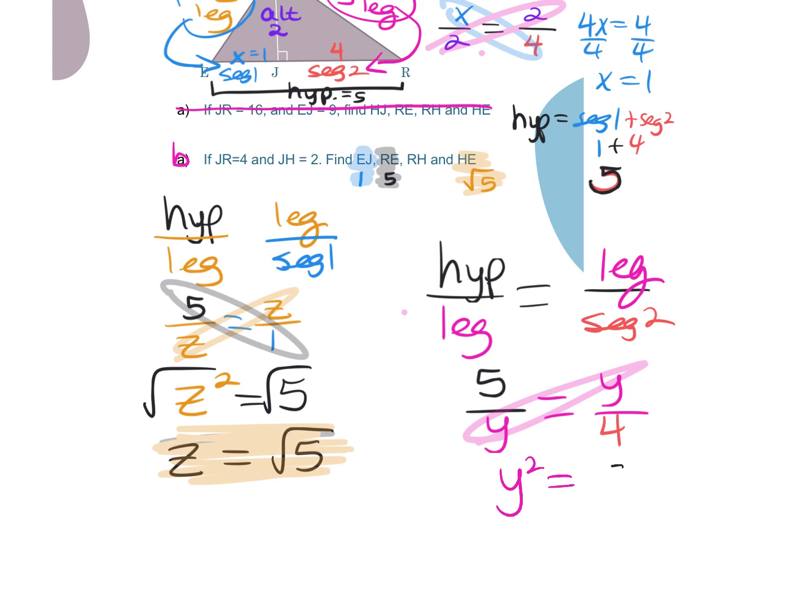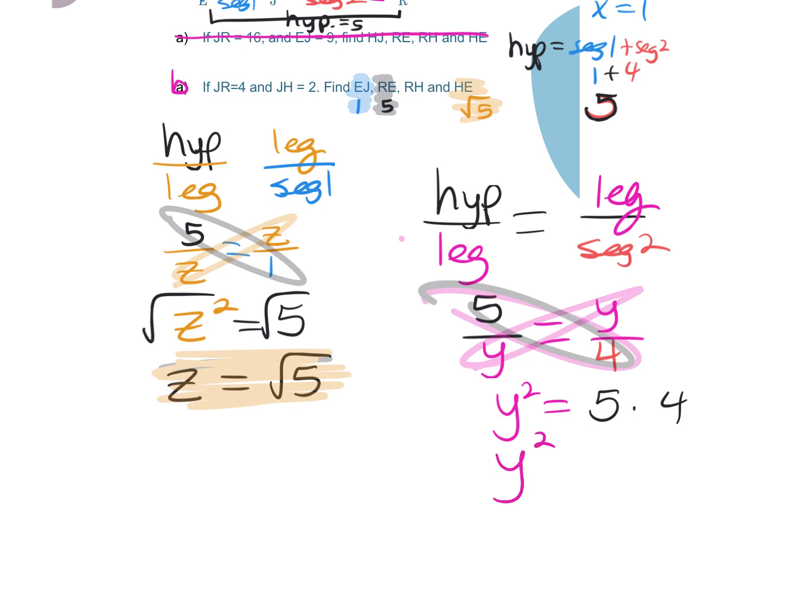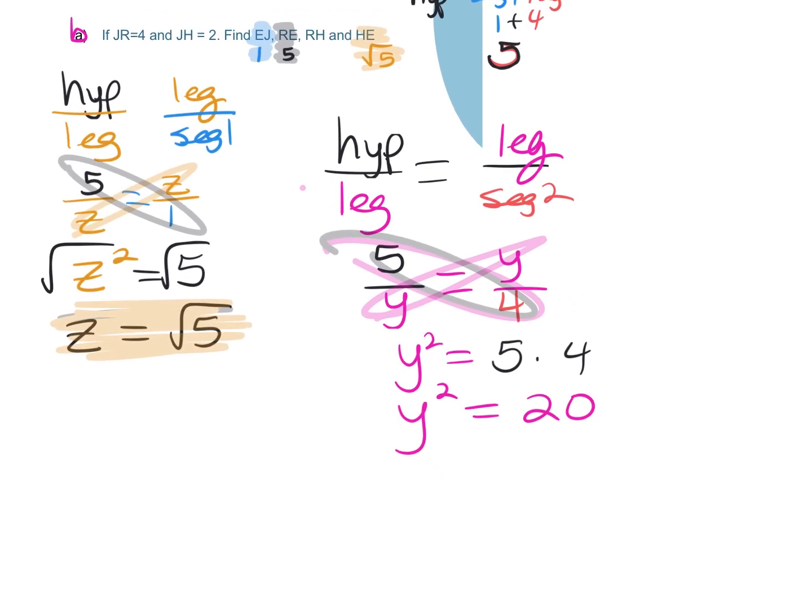And then 5 times 4, this diagonal. And again, you can multiply it. Because it's not going to be a perfect square, you can do a factor tree from here. But if you happen to have multiplied it, it's 20. But now we got to go back and do a factor tree anyways.